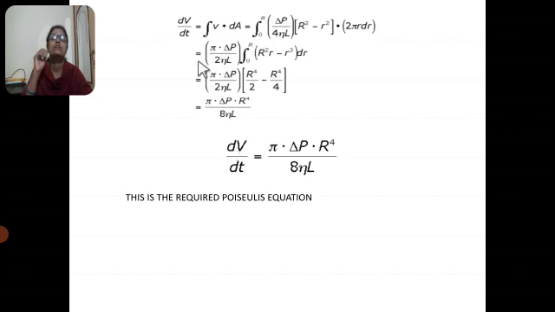So dV by dt equals the integral from 0 to R of delta P divided by 4 eta L into R square minus r square times 2 pi r dr. Then pi delta P divided by 2 eta L, integral from 0 to R of R square r minus r cube dr. After simplifying, we get pi delta P R to the fourth divided by 8 eta L. Therefore dV by dt equals pi delta P R to the fourth divided by 8 eta L, which is the required Poiseuille's equation.